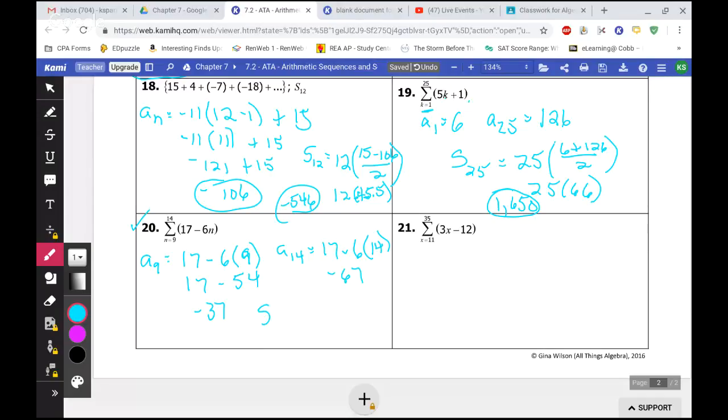Okay, so the summation, and what you want to do here is it's 14 minus 9, which is a difference of 5. Plus 1. So it's 6 total terms.